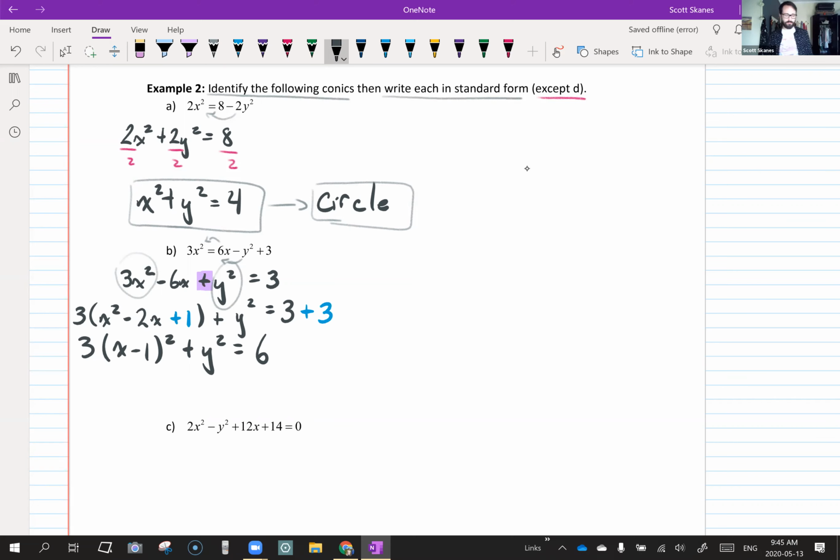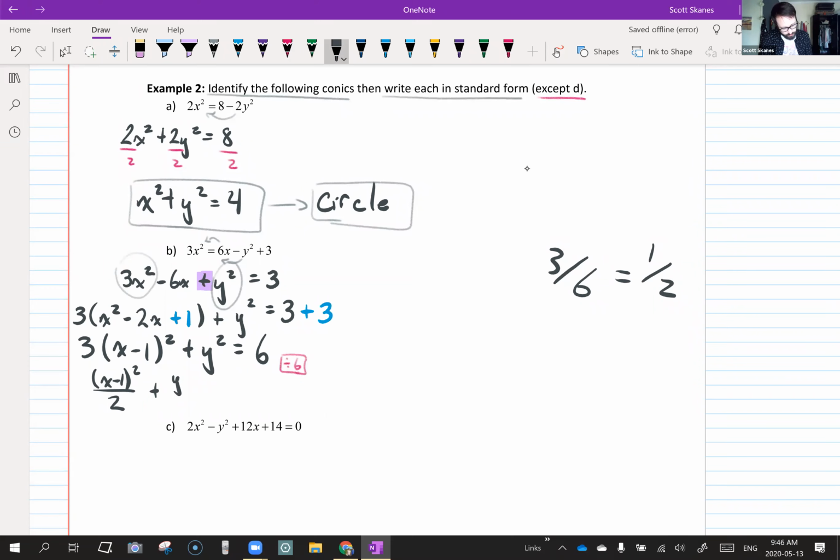Is that in standard form? No, it's not. I need to divide everything by 6 now. I want this to be a 1 because I know it's going to be an ellipse, or at least it should be 1 on that side. So divide everything by 6. 3 divided by 6 leaves us with this. 3 over 6 is the same as 1 over 2, just in case you're wondering.